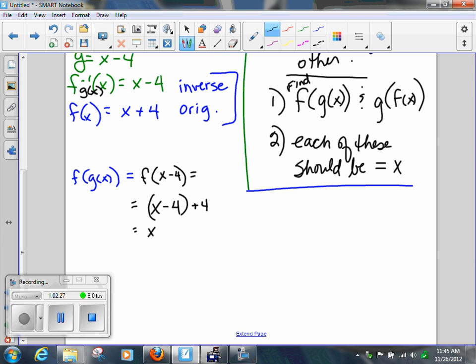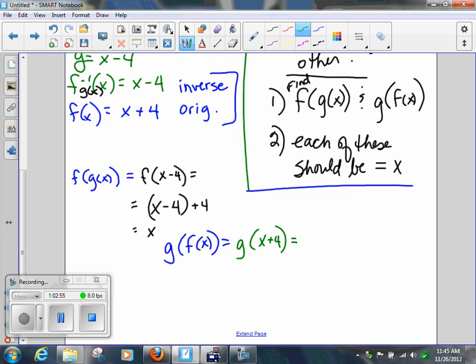Now, we've got to find g of f of x. What's my f function? My f function is x plus 4, so I'm going to take g of x plus 4. And I'm going to take x plus 4 and plug it into which function?